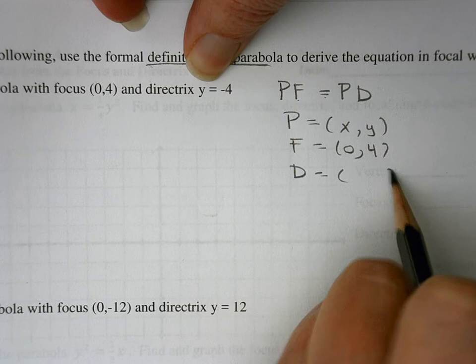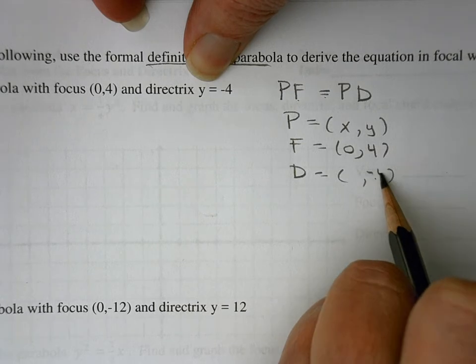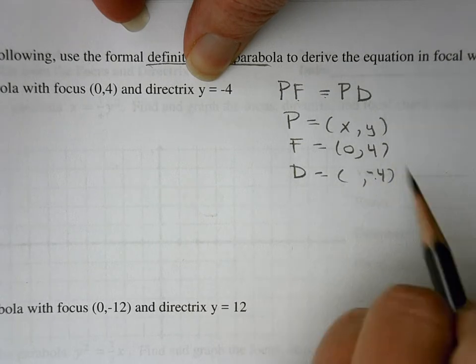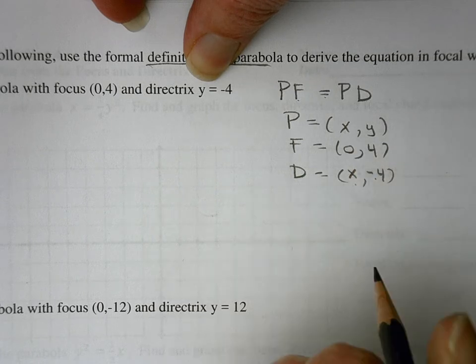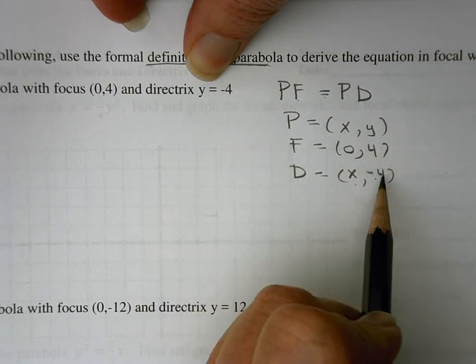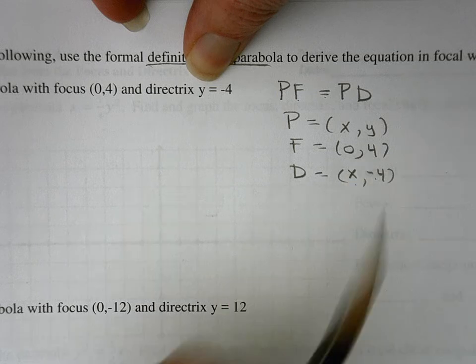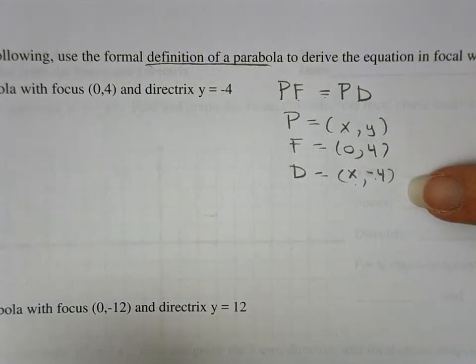So on the directrix the y value is -4, and I don't know the x, so I'm just leaving that as x. This is enough information for me to create my equation.